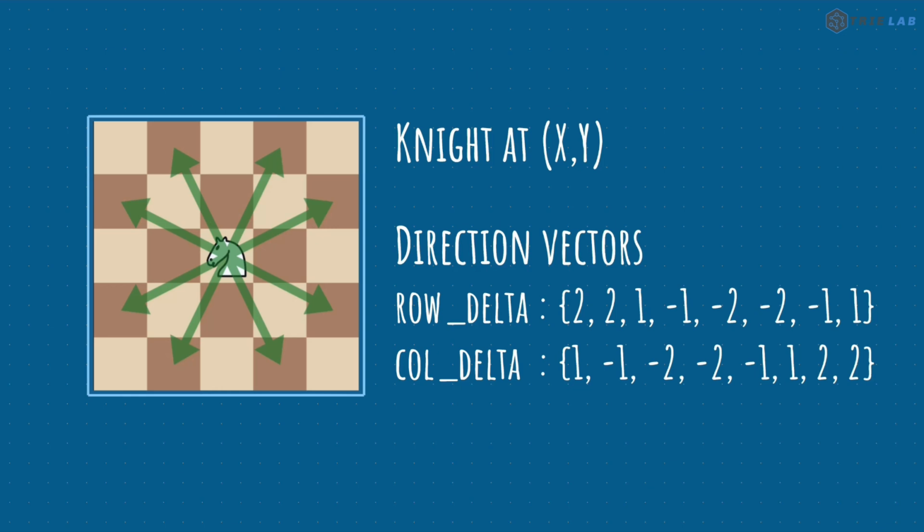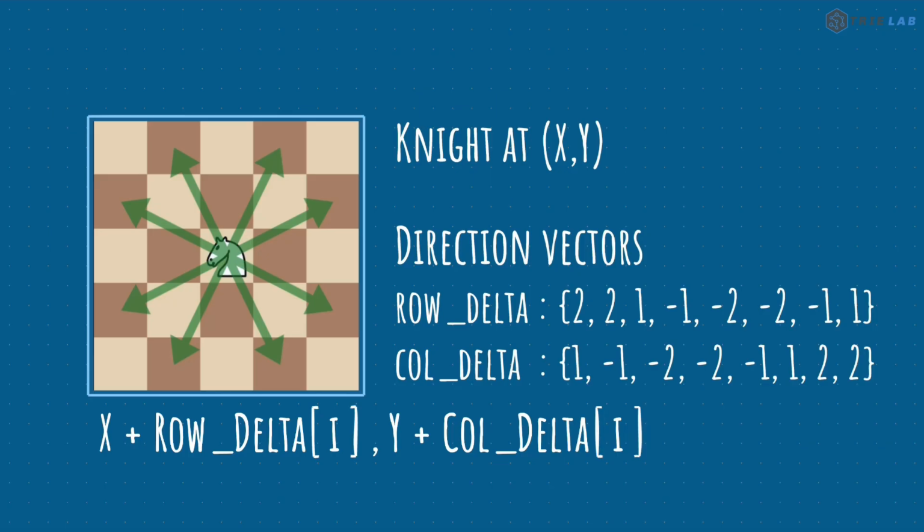To compute the knight's next position, we simply add the corresponding row and column deltas to its current coordinates. For example, if the knight is currently at 0, 0, applying the first pair of deltas will move it to 2, 1, a valid knight move, right? That gives us a way to construct the graph dynamically at runtime and also helps us simulate the knight's possible movements as and when required.